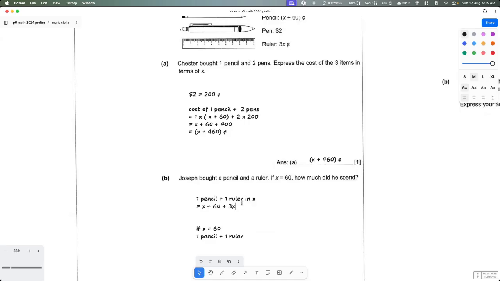So 3X plus X will become 4X plus 60. So 4 times 60 plus 60 will then be 300.